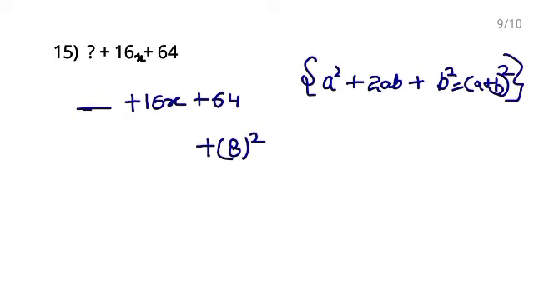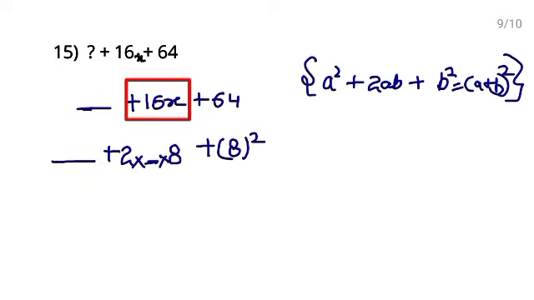So b square is 64, so I can write it as 8 square. Middle term will be 2 into a, which is not given, multiplied by b. What is b? 8. Now students, this middle term they have given in the question, and according to the identity which we have used, the middle term is this, right? So both should be equal.